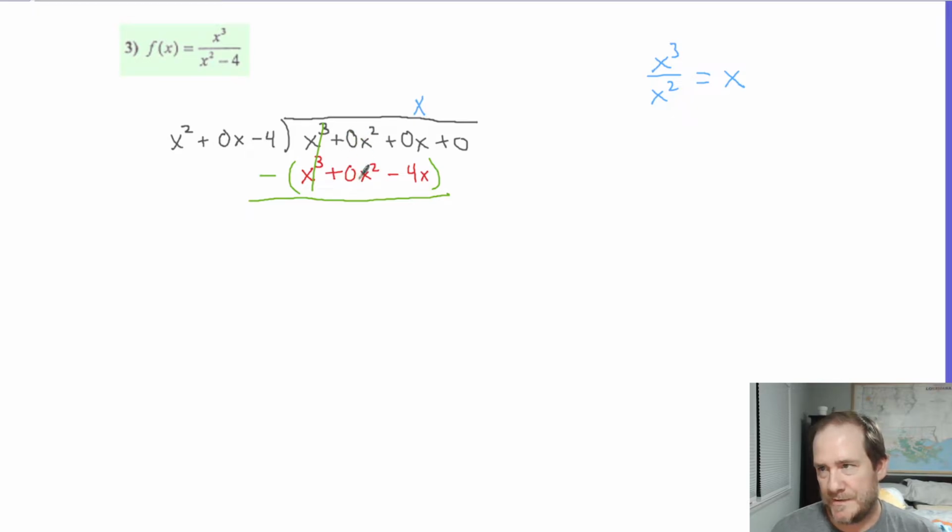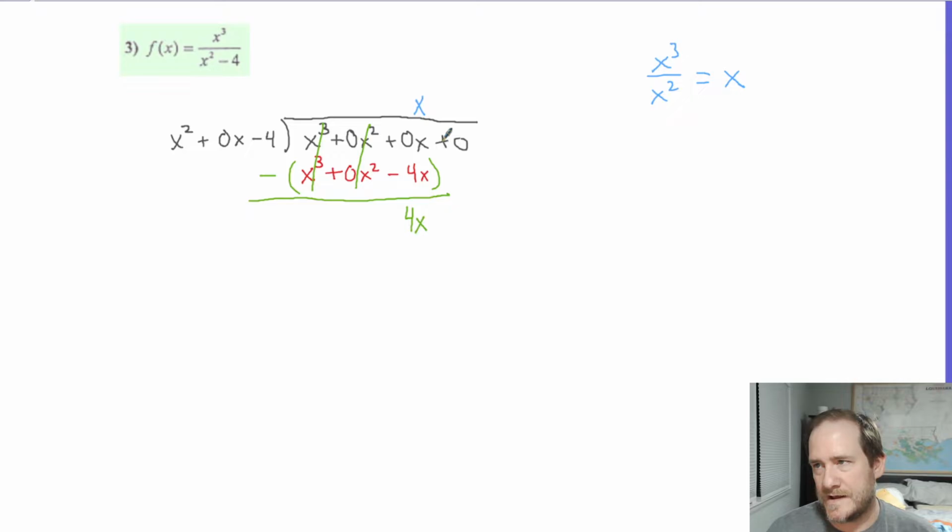It just so happens that these guys that I told you to put in as placeholders, they do end up being irrelevant this time. But here, I don't know, it's kind of nice to see that you're doing 0 minus -4. Without this placeholder, you might have just kind of brought the -4 down. But if you have the 0, you might remember that you're doing 0 minus -4. So it needs to come back as a positive 4x.